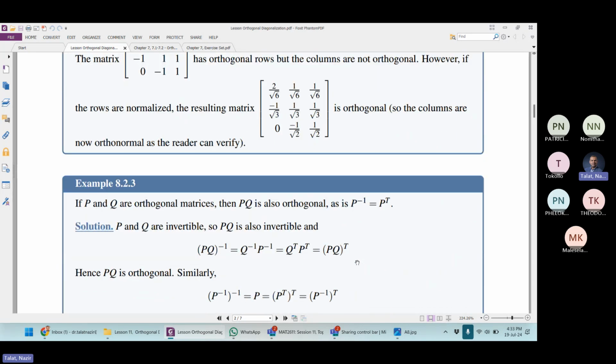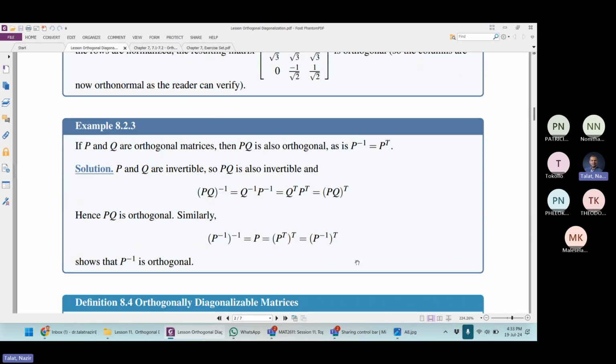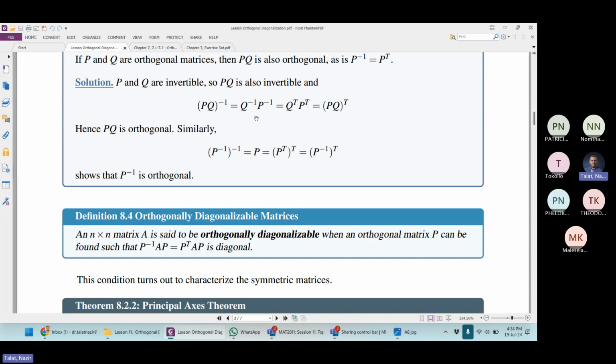Here there are some results: if P and Q are orthogonal matrices, then PQ is also orthogonal. P inverse plays the same role as P transpose. We can see some examples, like P inverse is also orthogonal, and some small proofs are available here.